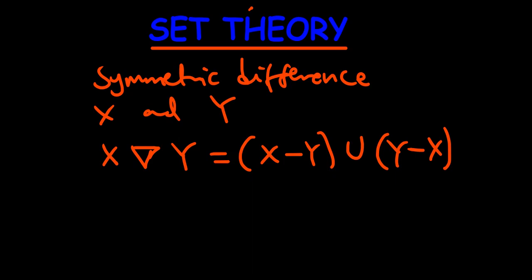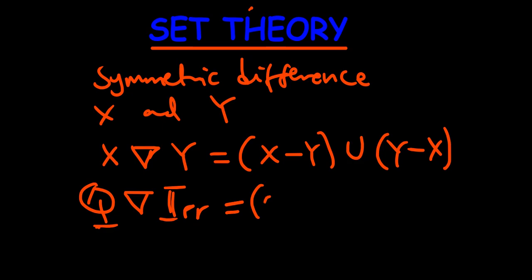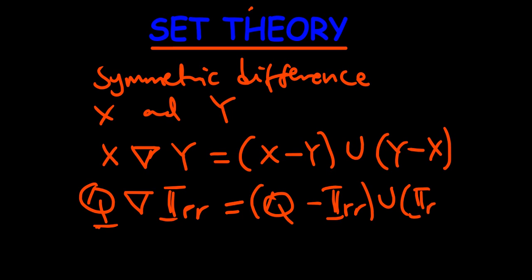We can use examples of the same groups of numbers we've been having. If we say the symmetric difference of the rational numbers and the irrational numbers, what do we get? We write it the way we have. The first part, you write the rationals, then you are doing a difference with the irrationals, then union the irrationals, then you remove all the rationals.